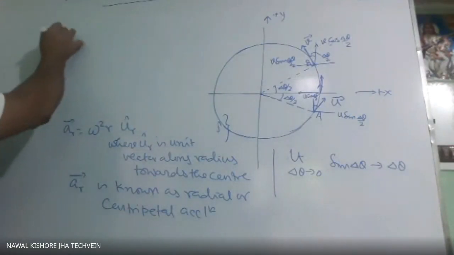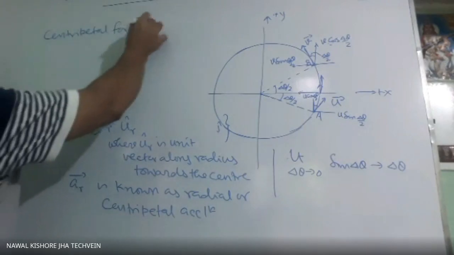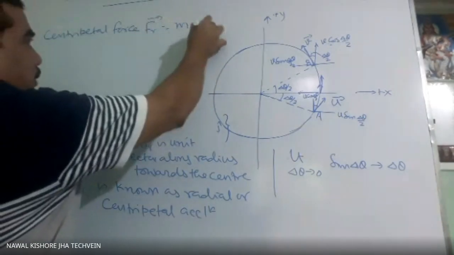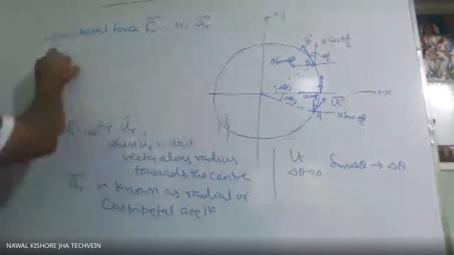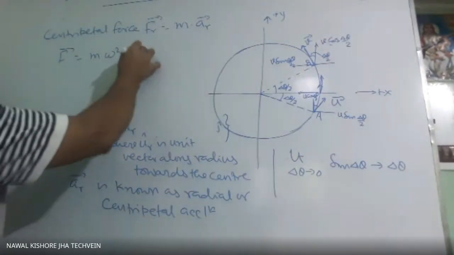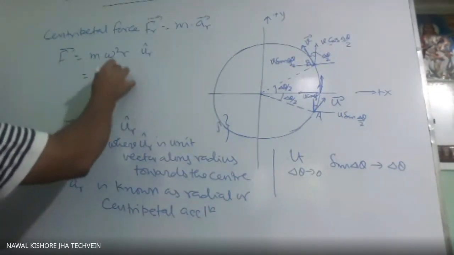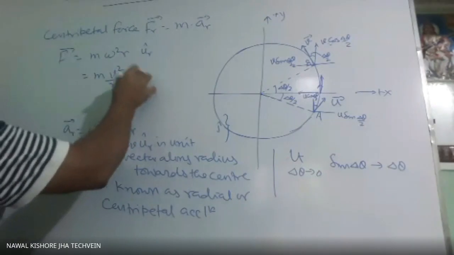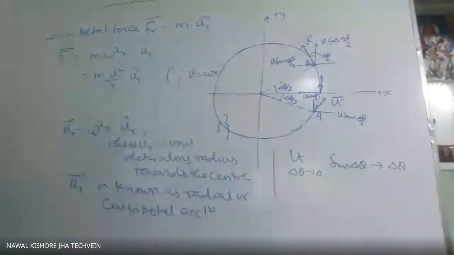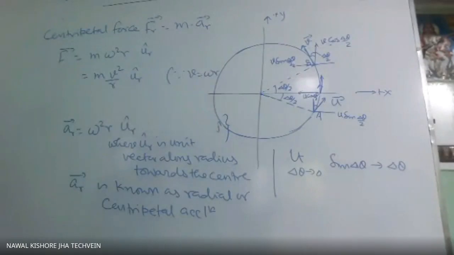So this centripetal force will be mass into radial acceleration, m omega square R ur, or it may be m v square over R in that direction, since v is omega R. The instantaneous velocity is the product of angular speed and radius, as we have already seen.